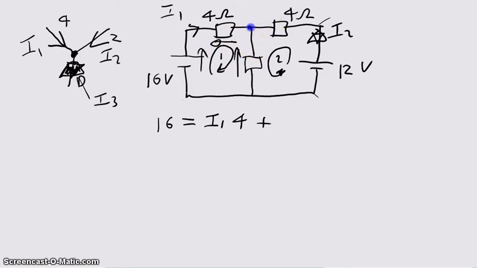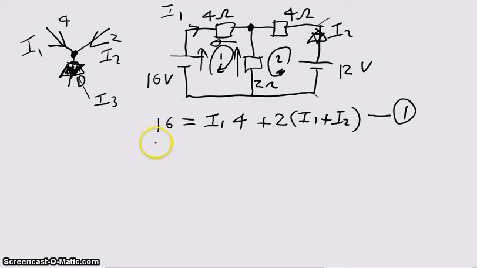Now the current going down to the central resistance is going to be I1 plus I2. So the voltage across here will be 2, well, I haven't given it a number yet, have we? So let's call it 2 ohms. Let's say 2 ohms times I1 plus I2. And that's our first equation, loop number 1.